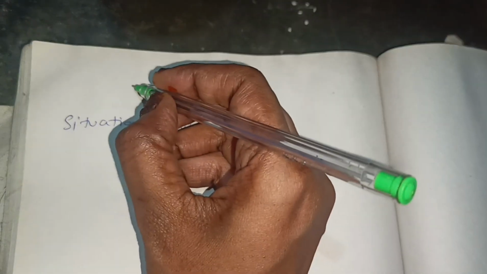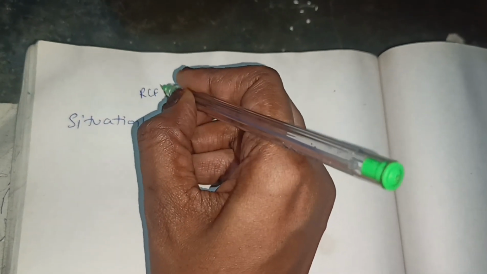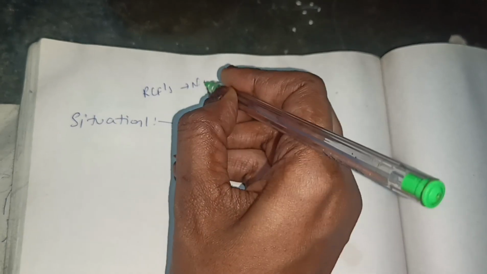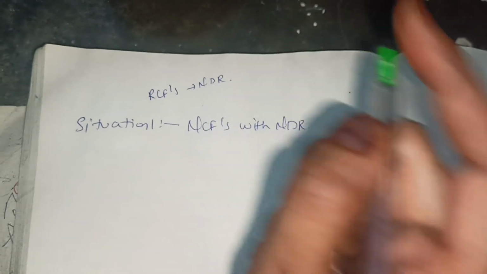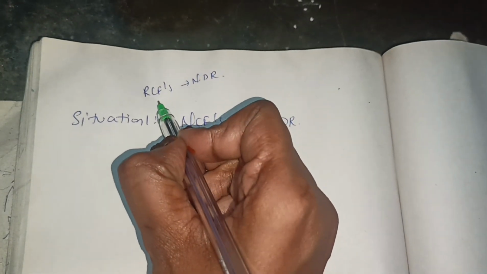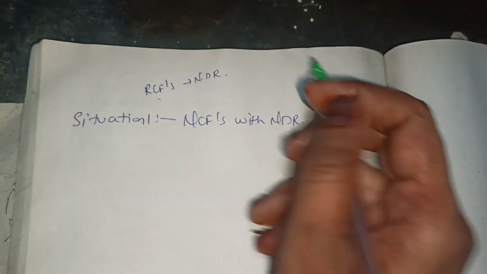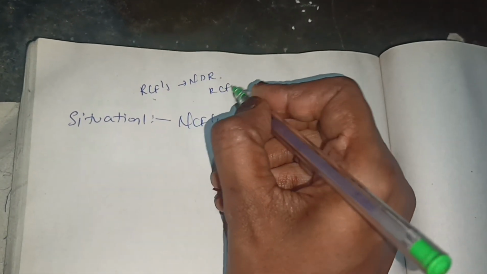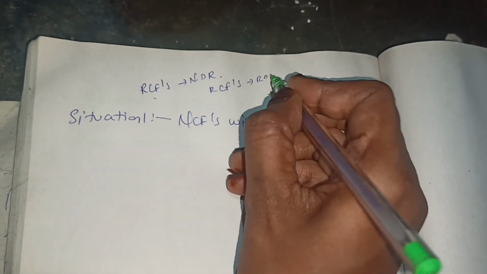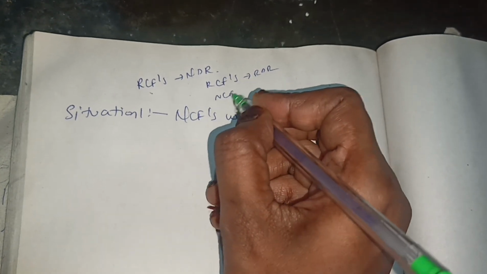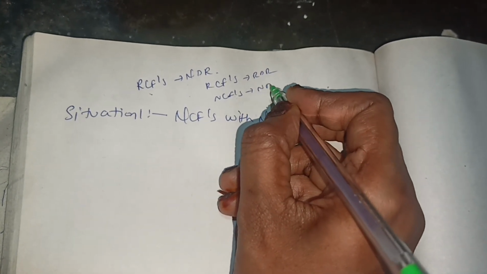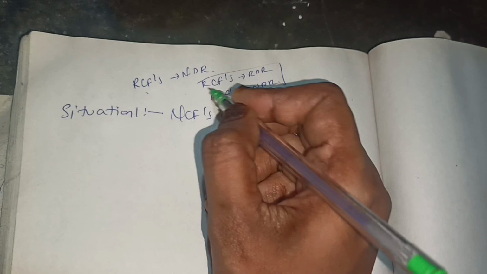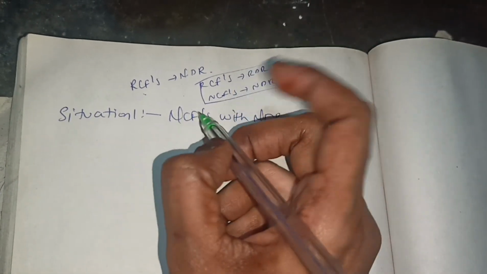Because in the question they gave us real cash flows and nominal discounting rate. We know one thing, we cannot use real cash flows with nominal discounting rate. We have to use real cash flows with real discounting rate only, nominal cash flows with nominal discounting rate. That's why we are doing like this.